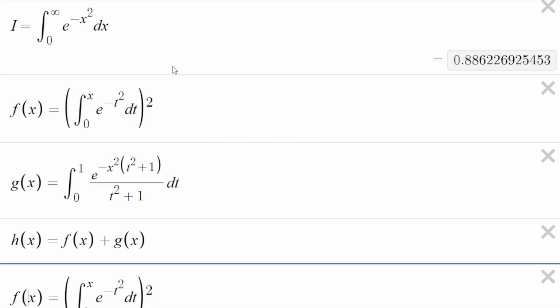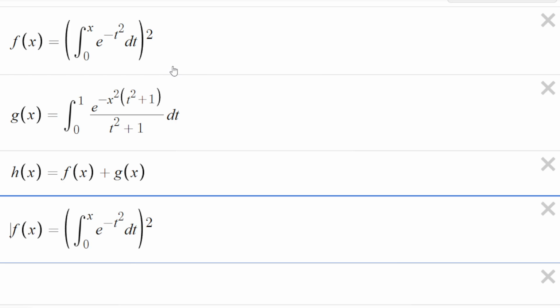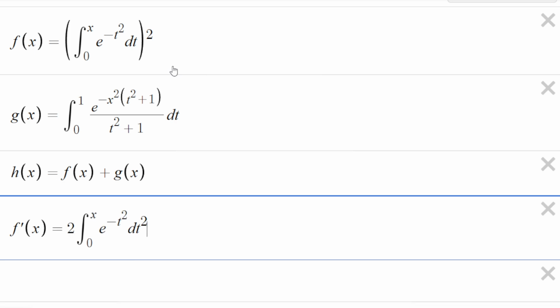All right, now let's take the derivatives of f and g with respect to x. So f prime of x, we'll use the power rule and we'll use the chain rule. So this is going to give us 2 times that integral without the square times the derivative with respect to x of the inner function. Now you'll notice this is just one way of writing the antiderivative of e to the negative x squared.